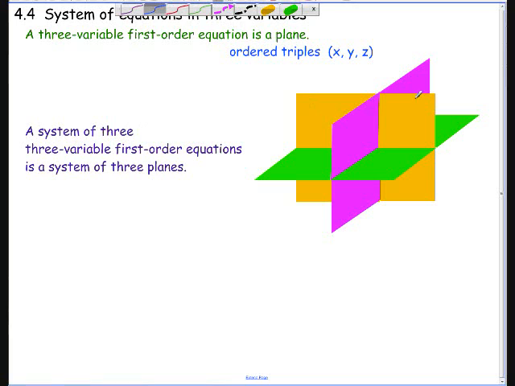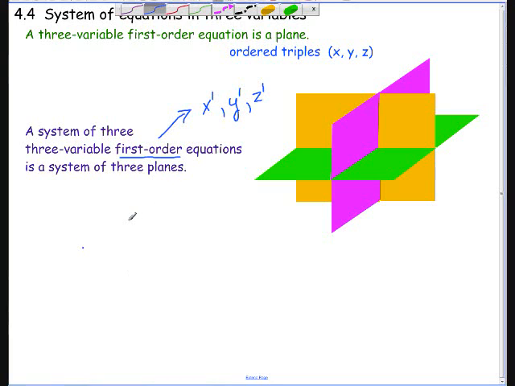Each of these represents 1 plane. A system of 3 variable first order. First order means everything, x is to the first power, y is to the first power, and z is to the first power.